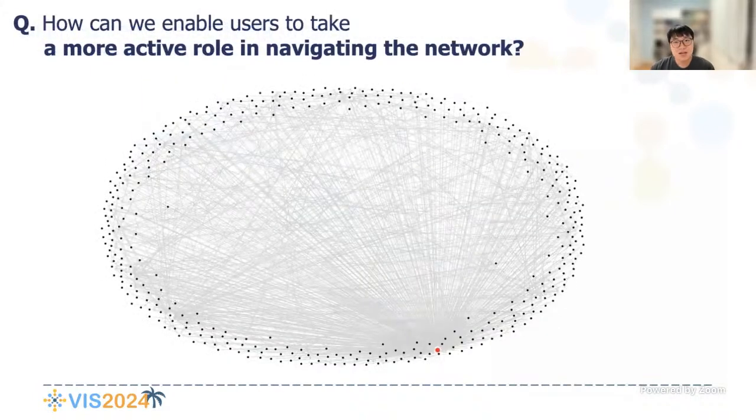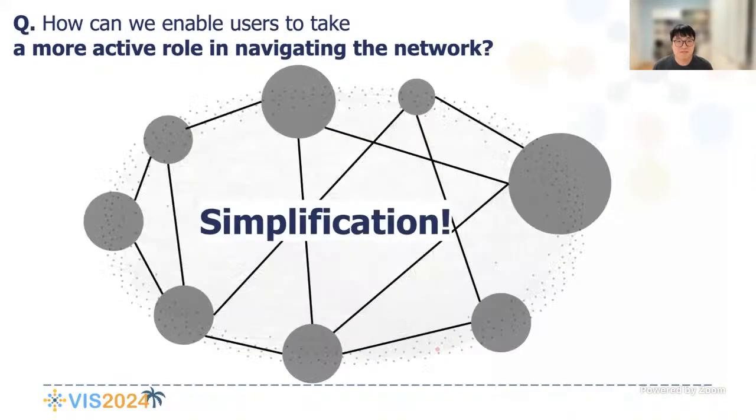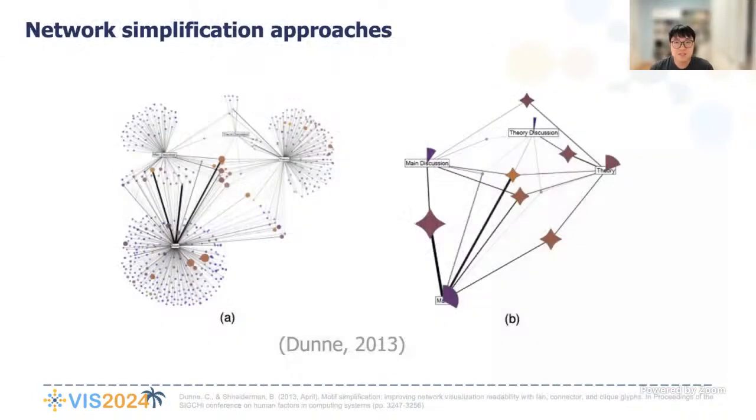We wondered how people could take a more active role in navigating citation networks. And if it is difficult to understand due to scalability issues, even at the most basic level, then it is very natural to think about simplifying the nodes and edges in some way. Indeed, various studies related to network simplification have shown promise. For example, Dunne's work shows that the graph on the left can be simplified as shown on the right.